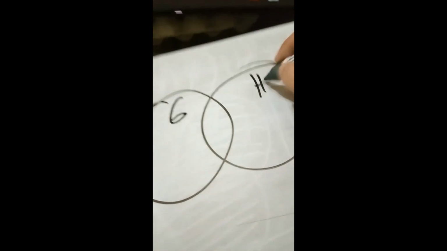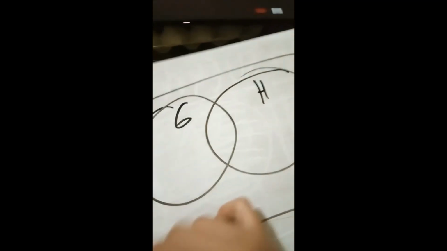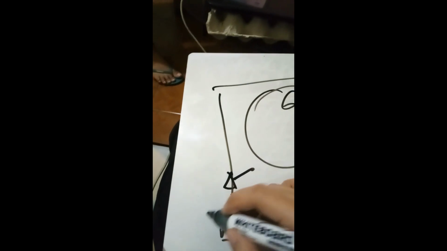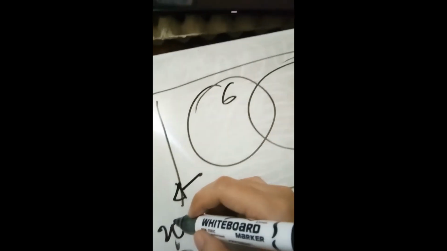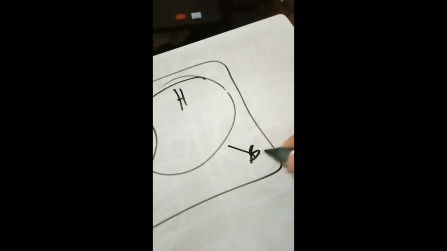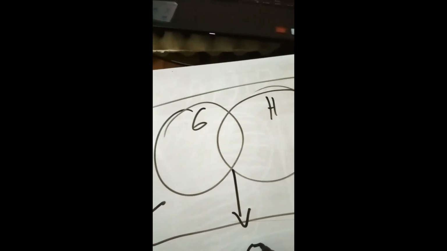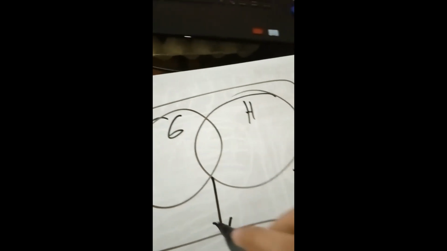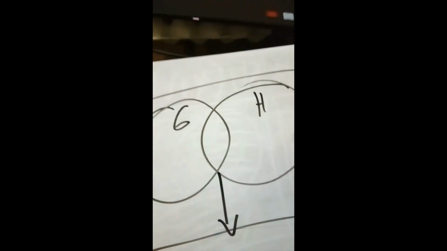The cardinality of your H should be 30. And the cardinality of your G intersection H should be 5. Now, you need to find for your G union H.